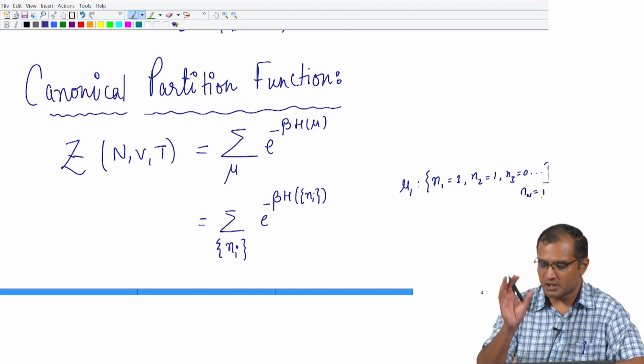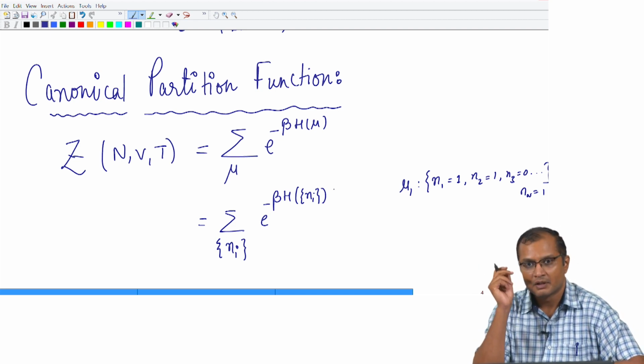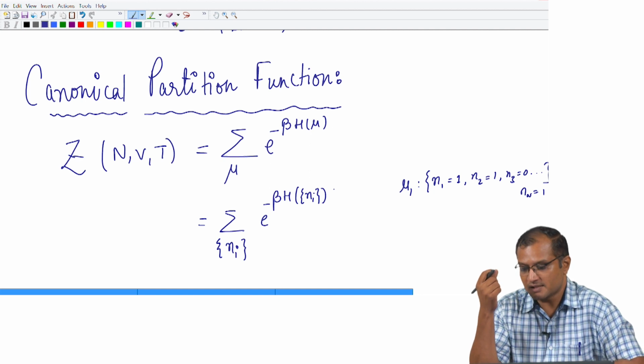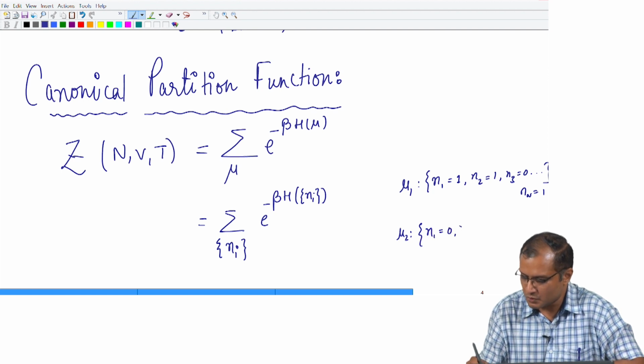Now, this will give you a total value of energy, which is my H of ni. Now, these excitations will change between microstates. So, mu 2 may have different values of these excitations. So, n1 may be 0, n2 may be 0, n3 may be 1, and nN may be again 1.